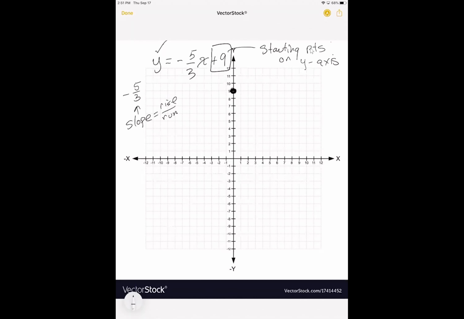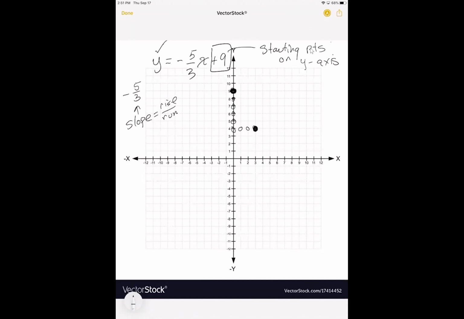Go down 1, 2, 3, 4, 5. I do not stay there, because once I go down 5 units, they tell me to run 3 units. If I run 3 units, 1, 2, 3, this is my second point.